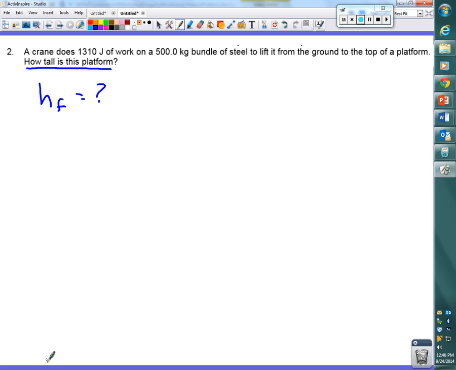Okay? All right. Some obvious things that it tells us in the problem. It's one obvious thing that it tells us that we have to work with in the problem. Amount of work, right? So 1,310 joules of work, right? Remember that work and energy have the same unit because work is just energy moving around.